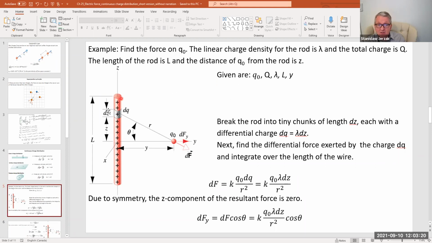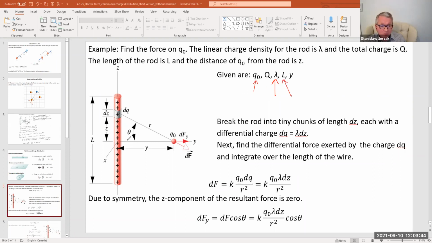Imagine that this is just a plastic and the charge is kind of on that plastic. And the linear charge density is given. So that lambda, which is given, is the linear charge density on that rod. And we are also told the magnitude of that charge Q0, that's also given. And the length of the rod L is given.